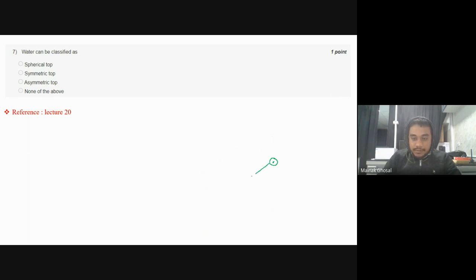Suppose this is a water molecule. So your center of mass will be like here. I'm just drawing the axes. Suppose this is the z axis, this is y, this is x. I'm drawing very badly.